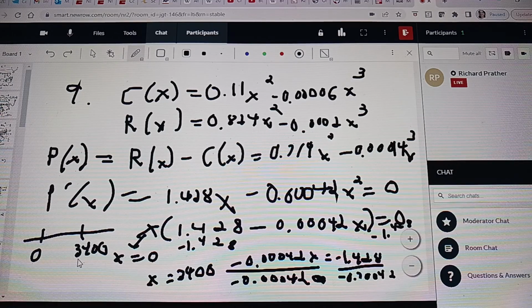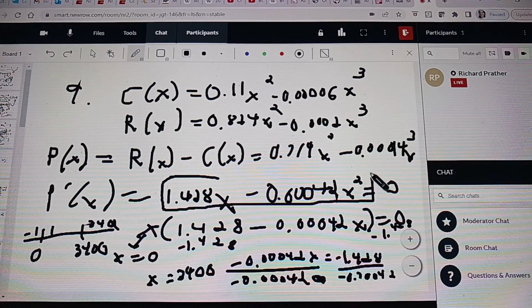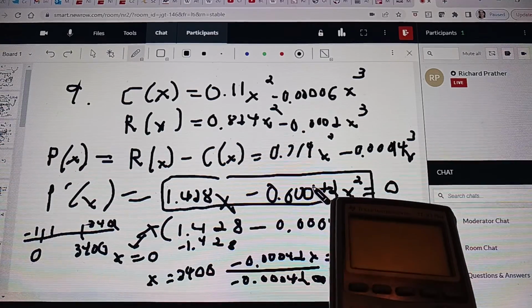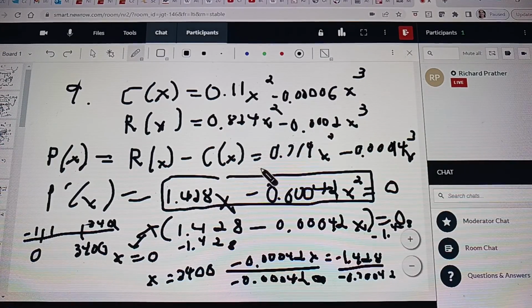I can't plug 0 in because it's one of my critical numbers. But I could plug in negative 1, positive 1, and then we'd have to do like 3,401. And plug it into any version of the derivative. I'm just going to do this one, I guess, since it's easier to type probably. And here's where a graphing calculator could help. So if we plug 1 in, that's nice, because anything times 1 is itself.